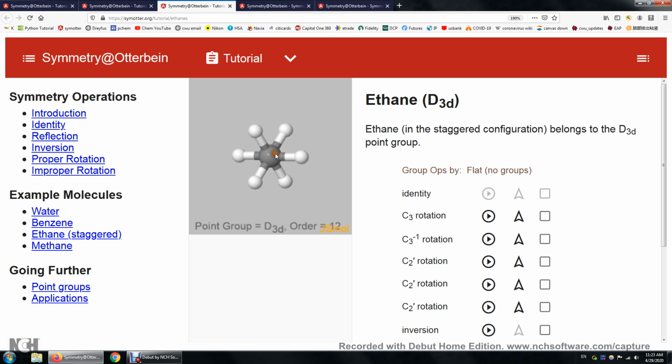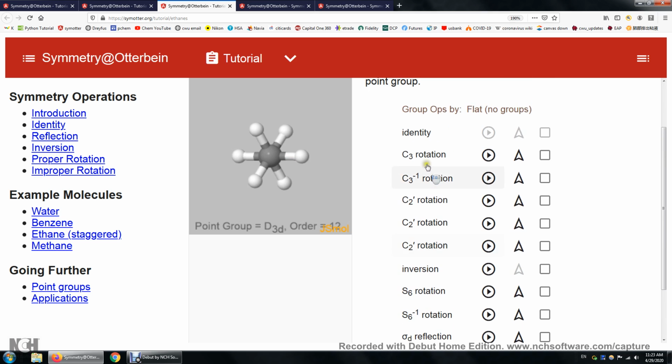If you have an eclipsed configuration, I think the point group is D3H with a sigma H plane, C3 principal axis, and 3 C2 axes that are perpendicular to the C3. But anyway, let's get back to this staggered configuration, and then let's look at some symmetry operations. C3, we can easily see C3 going through these 2 carbon atoms, and then let's do a rotation.